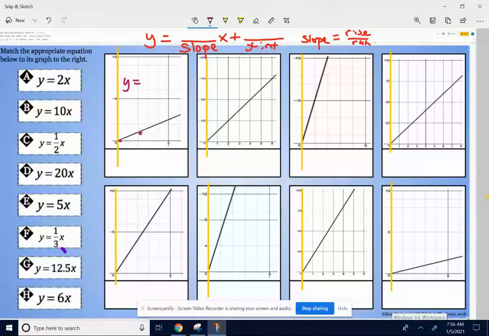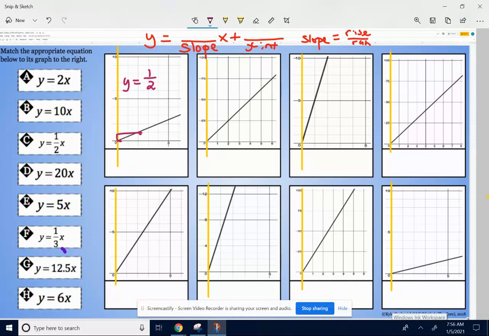Notice my y-axis and x-axis are both counting by ones, so I don't have to think too hard about counting. I'm going to go up 1 over 2, so my slope is 1/2. That doesn't reduce. It's a half.